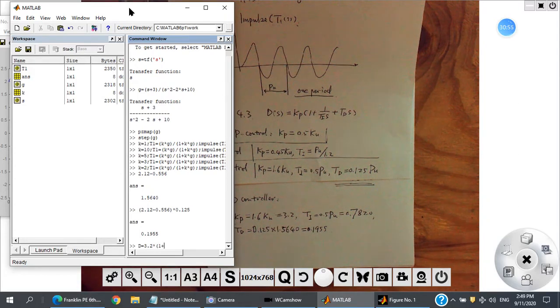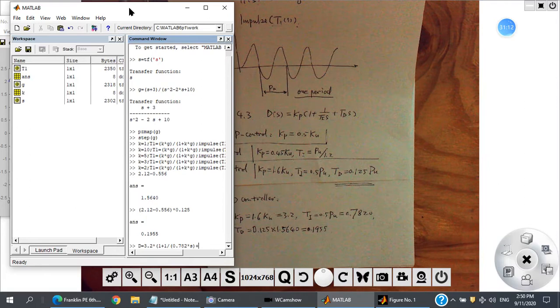Times 1 plus 1 over, the inside will be TI, it's 0.782 times s, right? And then plus 0.1955 times s.